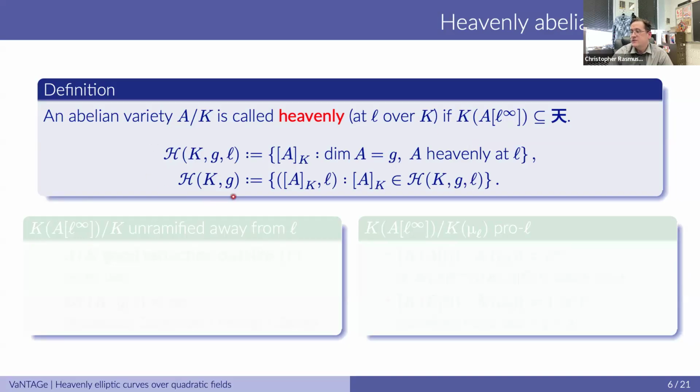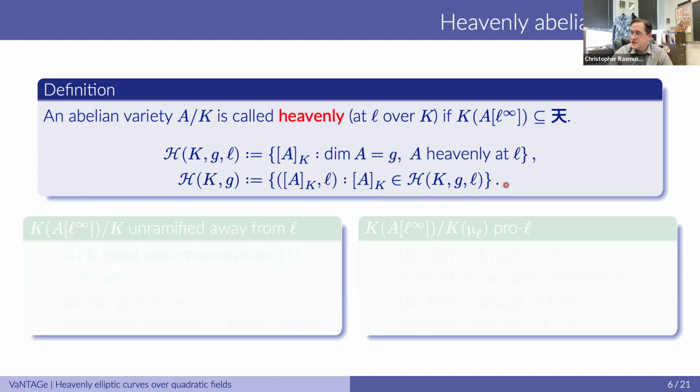So we'll also consider the following set, which you can think of as a subset of a fibered product between abelian varieties and rational prime numbers, where we simply take pairs where the pair consists of an isomorphism class of an abelian variety A and a rational prime L. And the condition is that A happens to be heavenly at L over K.